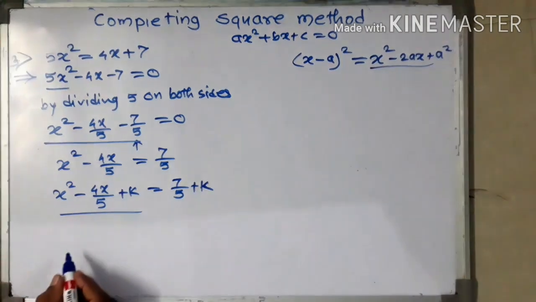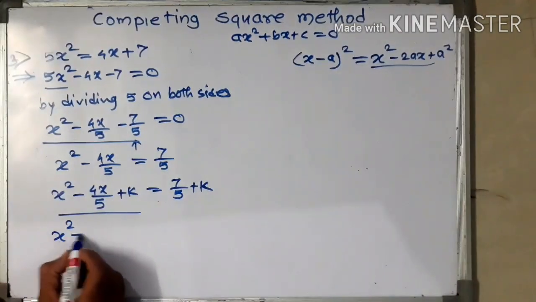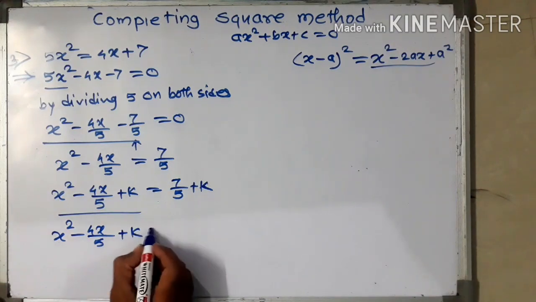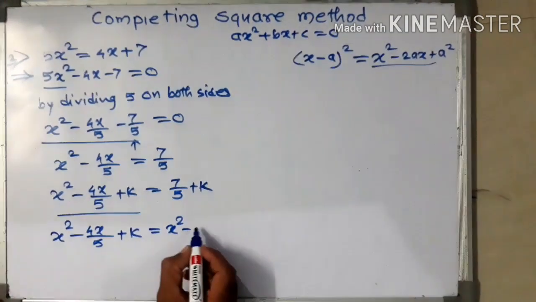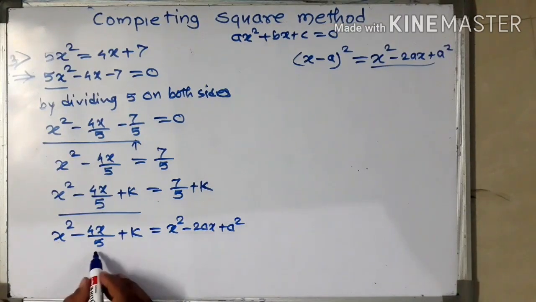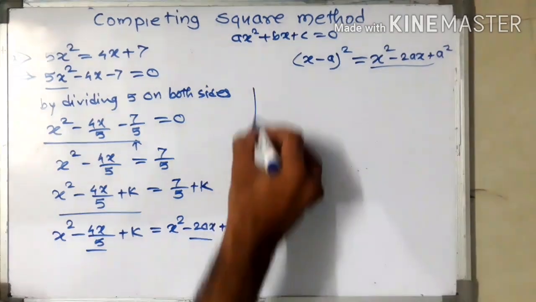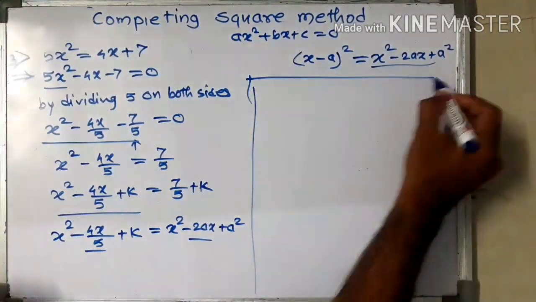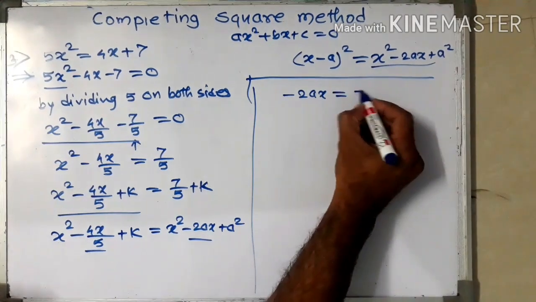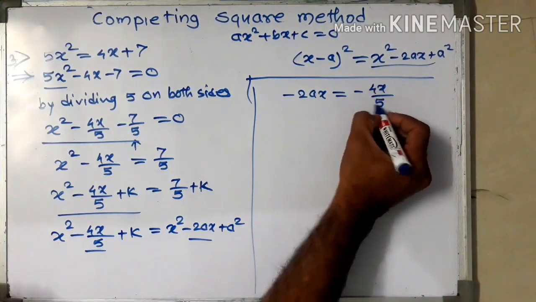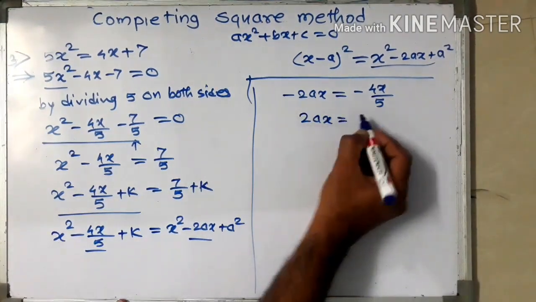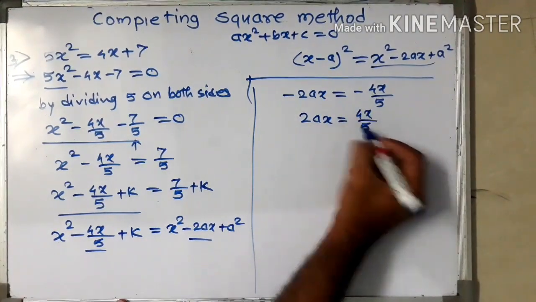By comparing x square minus 4x upon 5 plus k equals to x square minus 2ax plus a square, comparing the middle term, we can write minus 2ax equals to minus 4x upon 5. By eliminating the negative sign, 2ax equals to 4x upon 5.